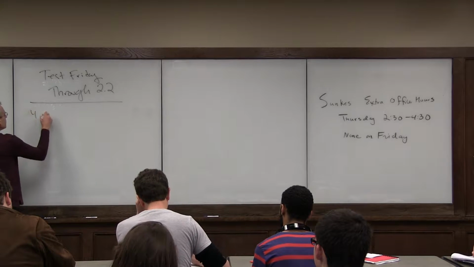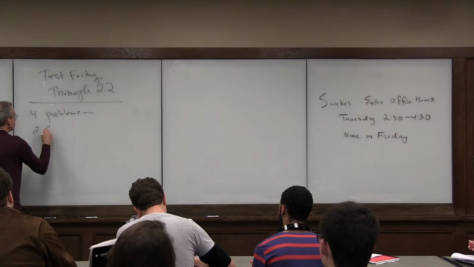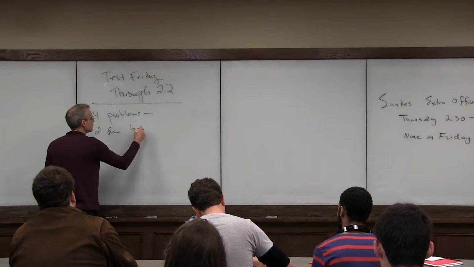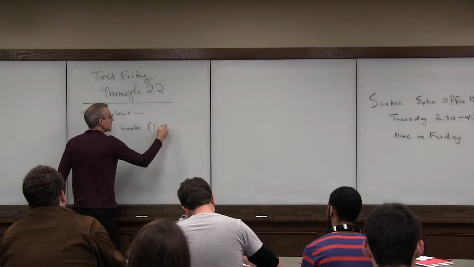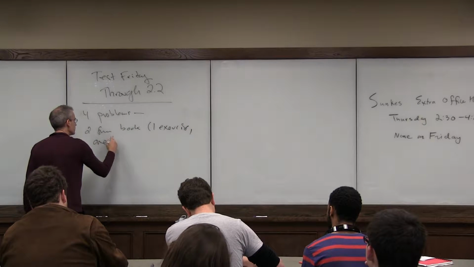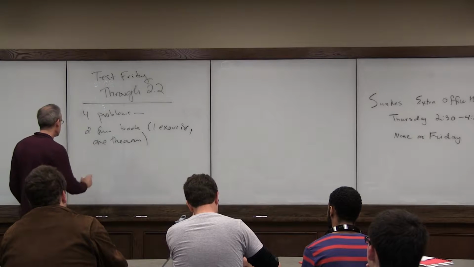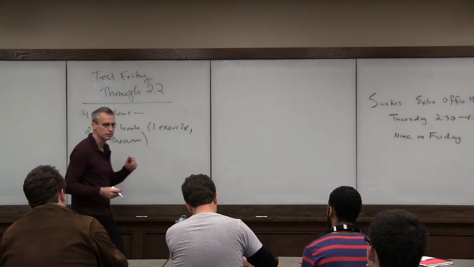And there'll be 4 problems. 2 from the book, so 1 exercise, 1 theorem of some sort, for example, that was done in class, and then of course 2 new ones.